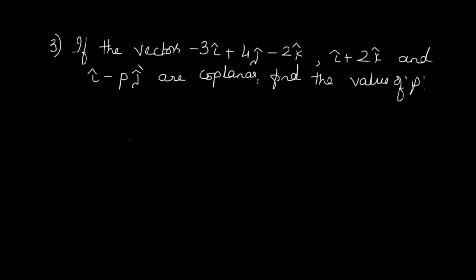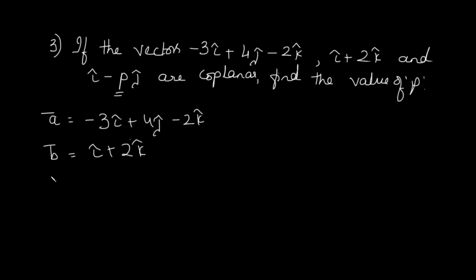In the third question, 3 vectors are given to us. These 3 vectors are said to be coplanar. In this, an unknown value called p is there. We are supposed to find the value of p over here. Okay, so suppose we write the vectors as A, the first vector, B as the second vector, and C as the third vector.